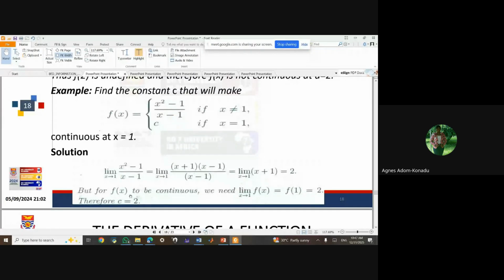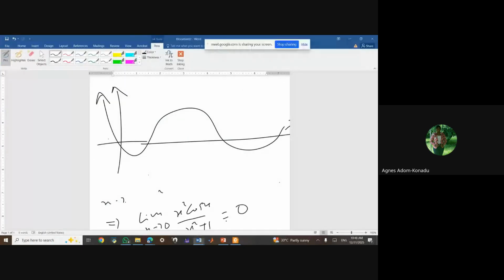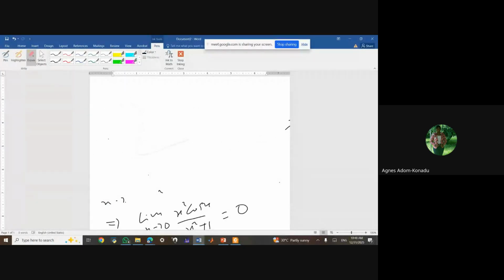For f of x to be continuous, we need the limit to be equal to f of 1. So the new function is x plus 1. The function is x squared minus 1 over x minus 1.